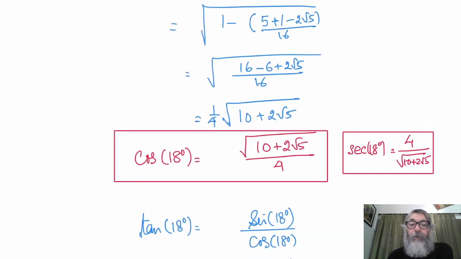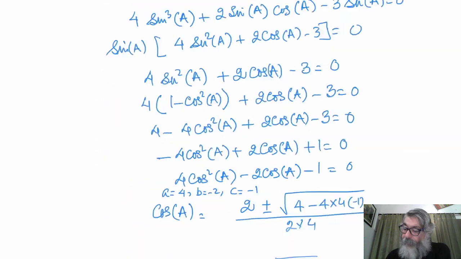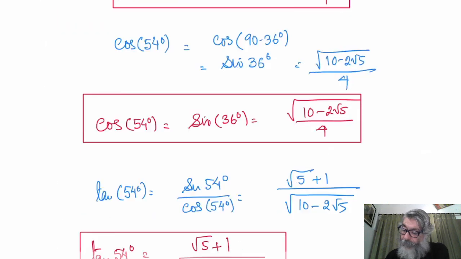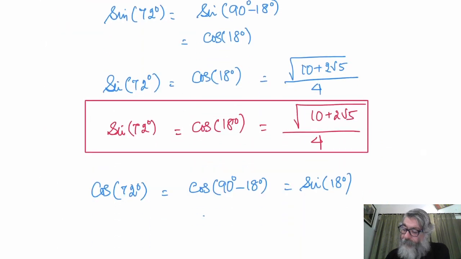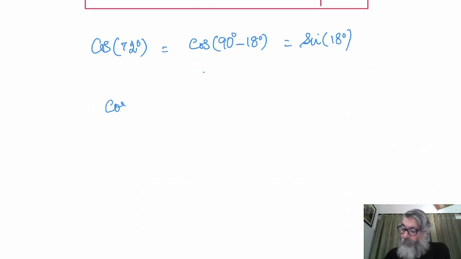And then let us calculate the value of tan 72. Tan 72 degree will be sin 72 upon cos 72.